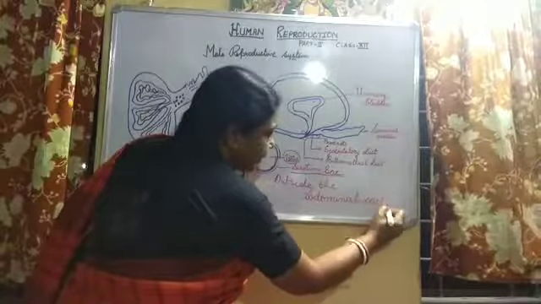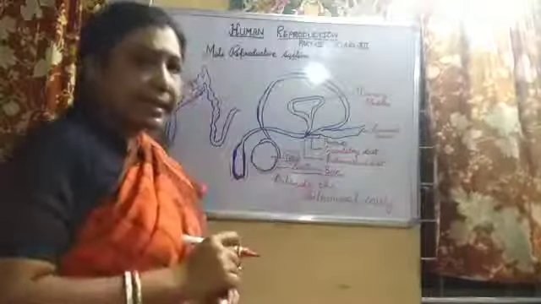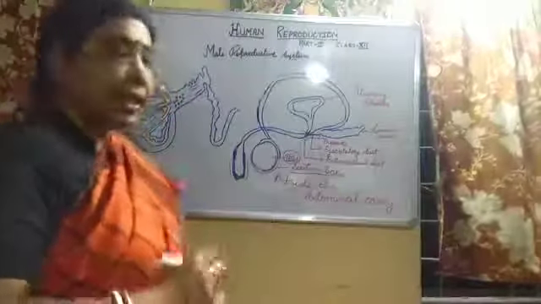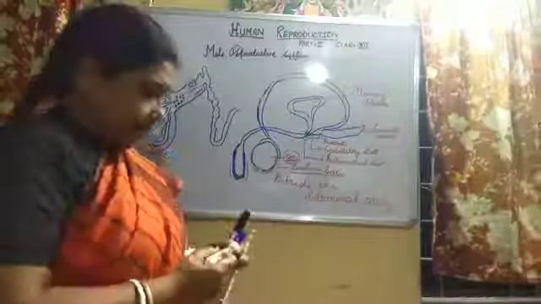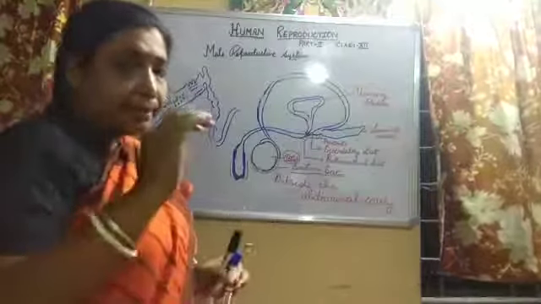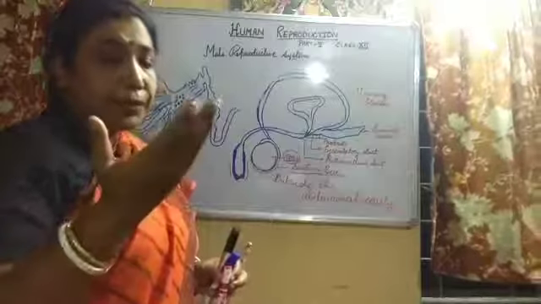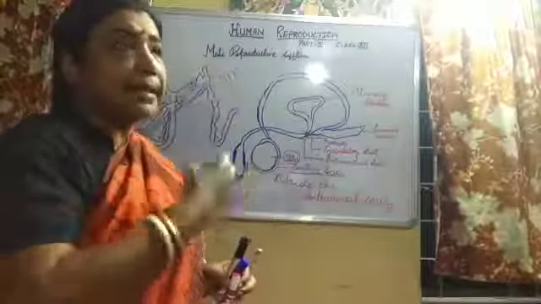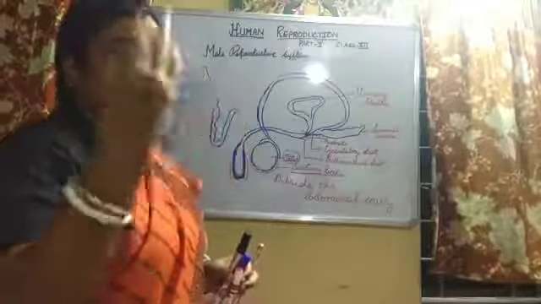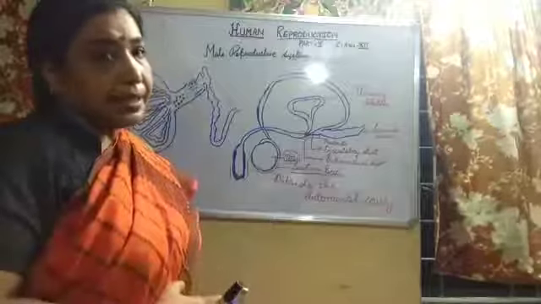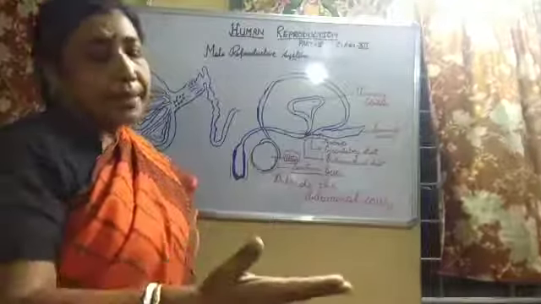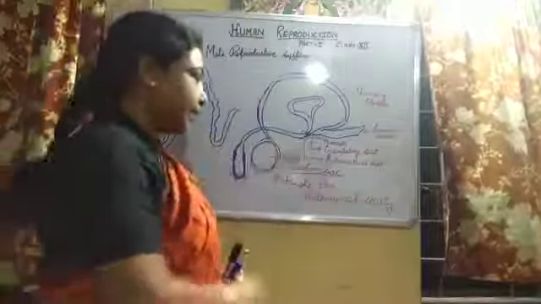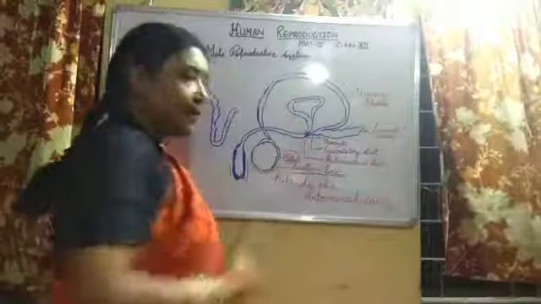Sperm at the time of its production in the testis needs a temperature lower than the body temperature, and at the body temperature, sperm, if produced, would lose its viability. So at the time of production, sperm needs a temperature 2.5 degrees Celsius lower than the body temperature. So it is outside the abdominal cavity and placed in the scrotum sac, which acts as a thermoregulator. So these two things we have mentioned.